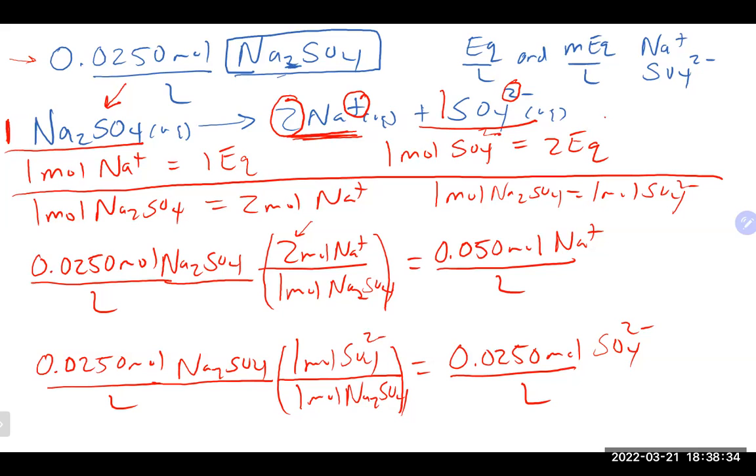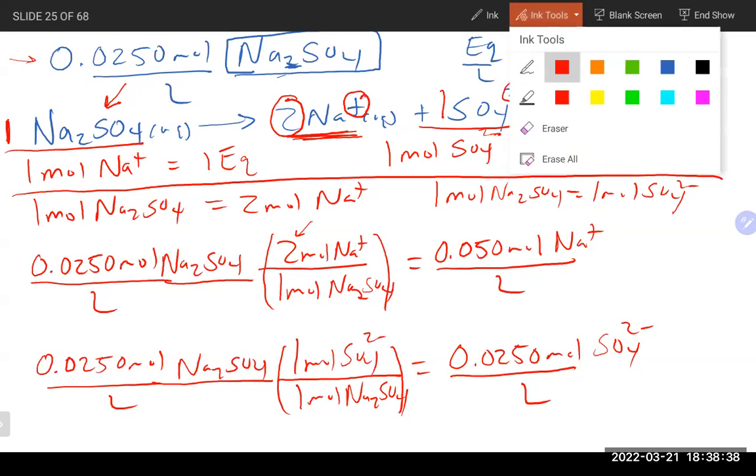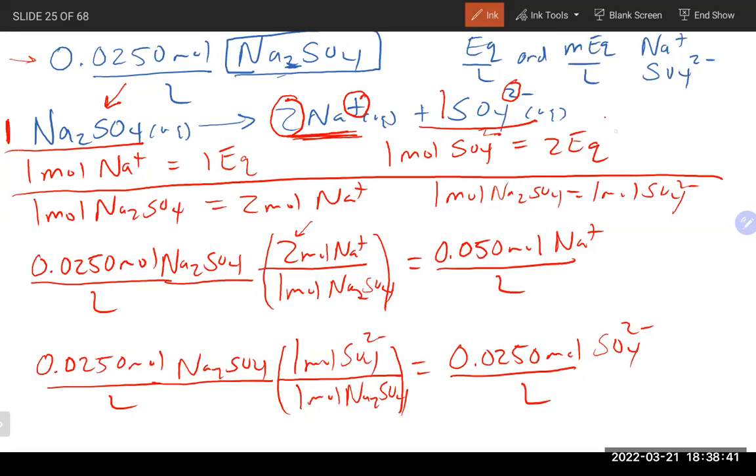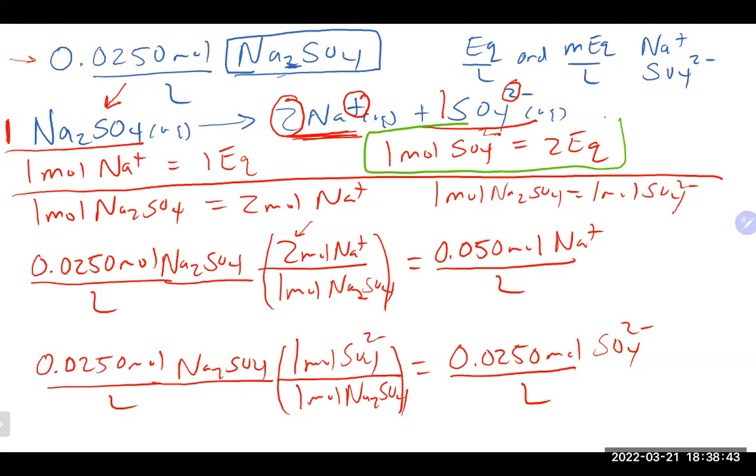So to do that, we're going to use the equivalence conversion next. Again, what we saw earlier was in terms of equivalence, we had these 2 relationships. And since I'm out of room, I'm just going to flip the page and continue on here.